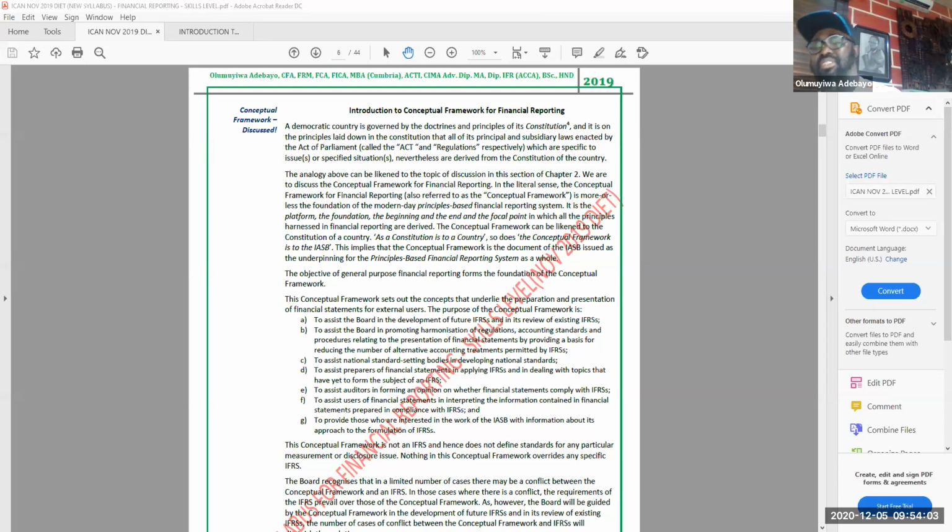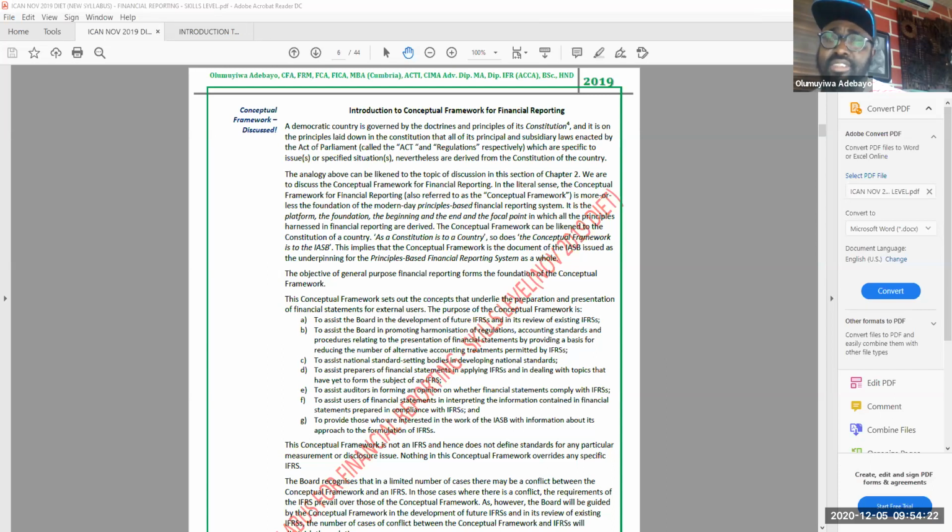It gives us the basic principles and practices that we need to follow in ensuring that financial reporting objectives are achieved. And as I've said earlier, it's the foundation upon which financial reporting and every standard that governs financial reporting is based or referenced.